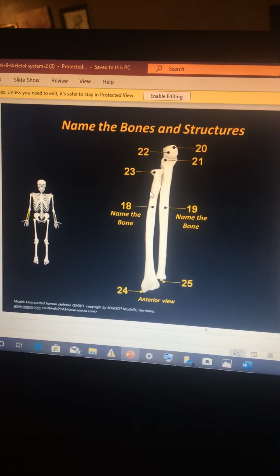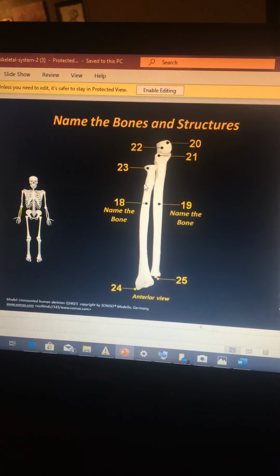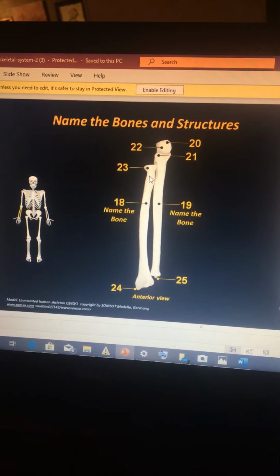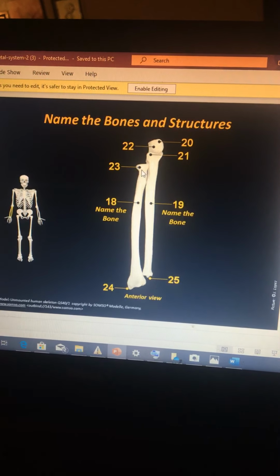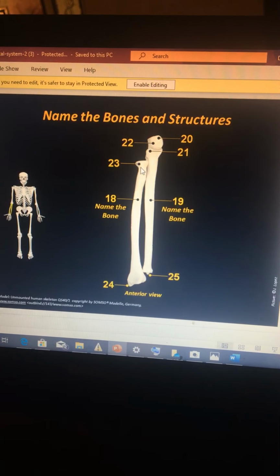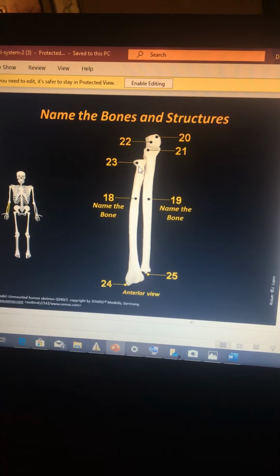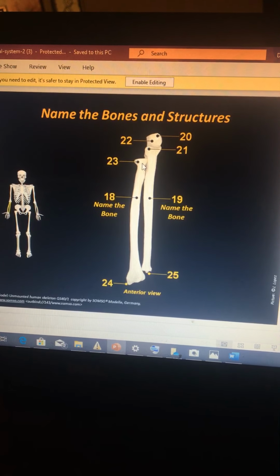The radius also has a radial tuberosity. It also has a radial notch. I'm sorry, not a radial notch, but a head. This is the head of the radius.